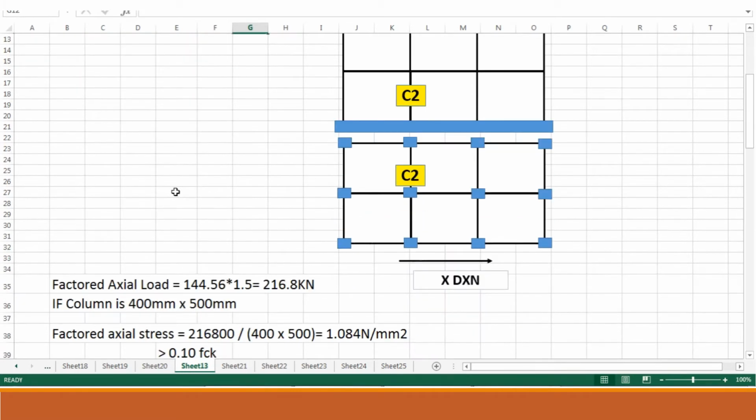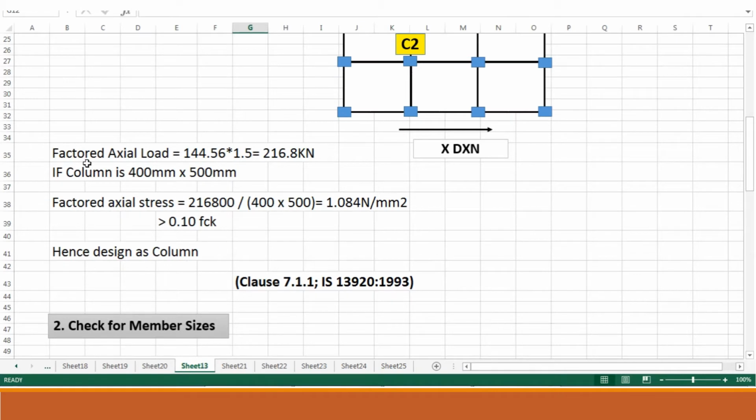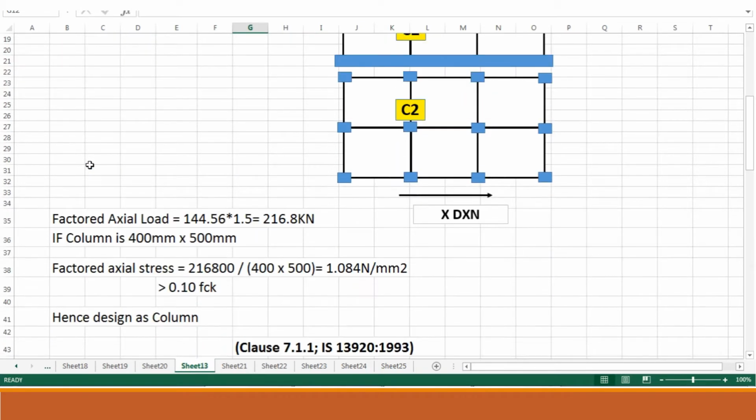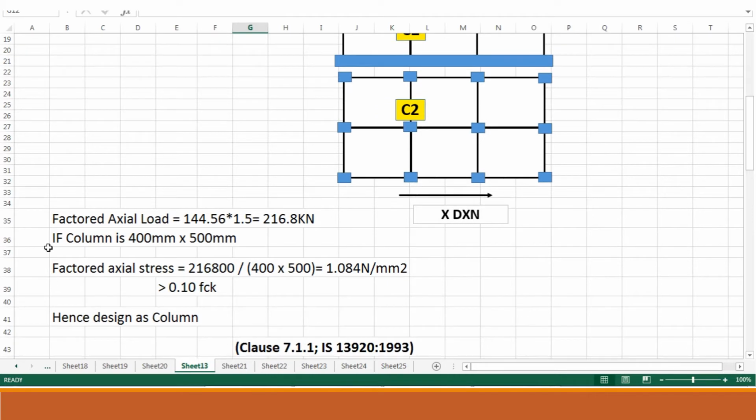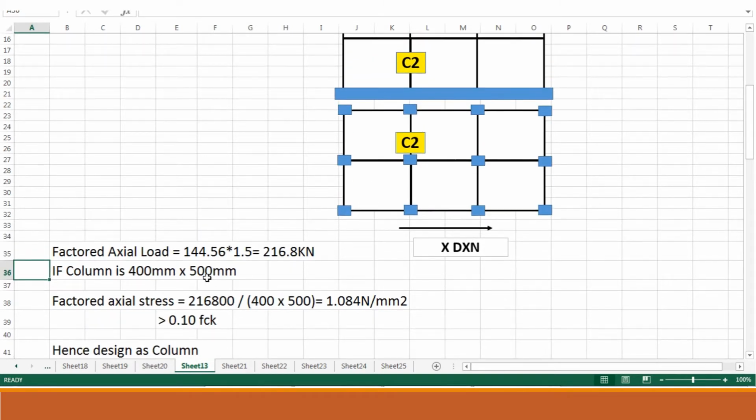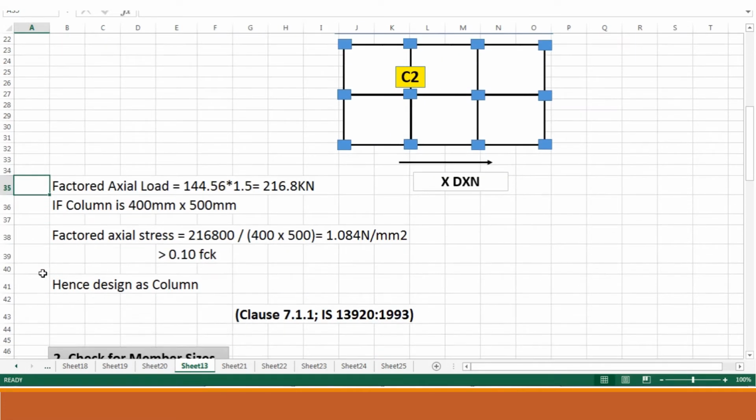So the factored axial load acting on this column, from the calculation that we have already done, is 144.56 kilonewton, and the factored one would be multiplied by 1.5, so it would be 216.8 kilonewton. If the column is treated as 400 mm by 500 mm, depending upon the size of the base, we have taken the ratio of the column width to depth.